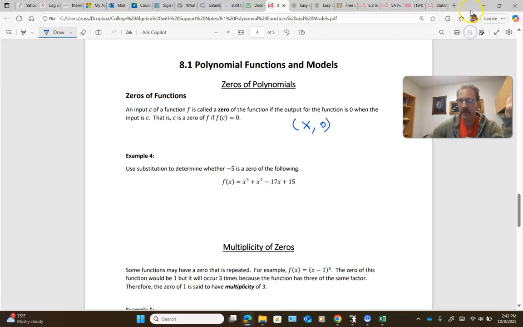An x-intercept is a point where the function crosses the x-axis, but the 0 is the actual value for x of that point. Or in other words, it's a value, you could call it c, such that if you plug it into the function it gives you an output of 0.